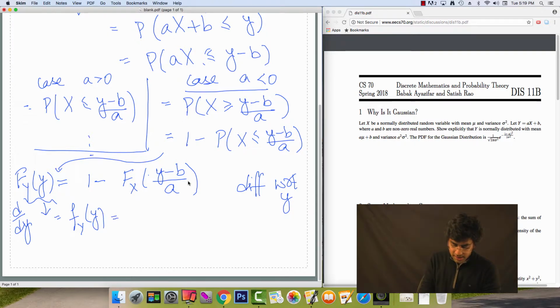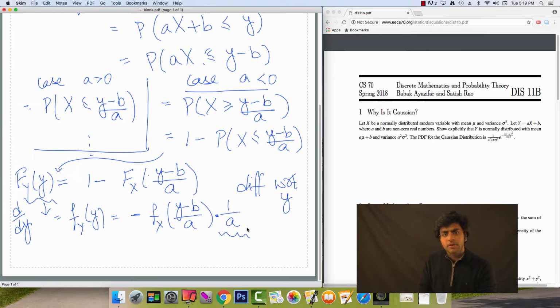And now differentiating the right side, I get negative the PDF of X evaluated at (y minus b) over a times 1 over a, where the 1 over a follows from the chain rule for differentiation. Well, OK, so now I have this relationship.